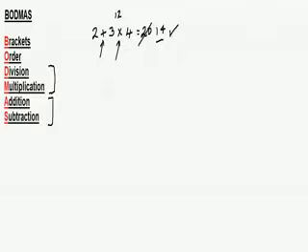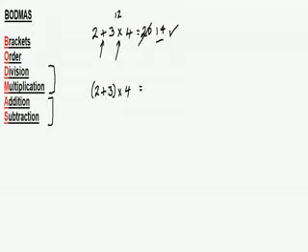So if we change this slightly, so let's say we have 2 plus 3 in brackets times 4. Now we've altered the order of operations. So the brackets, you can see, come first. So we do the brackets first and then we multiply.